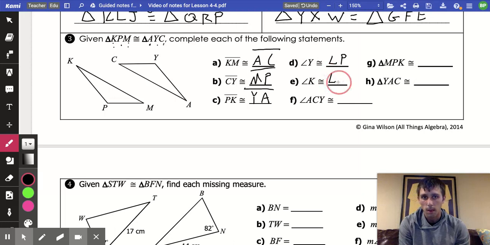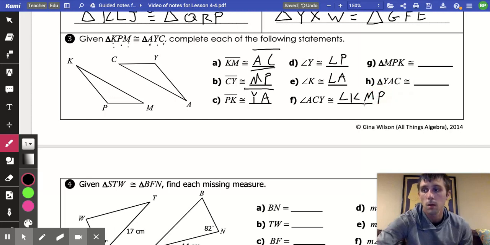Angle A. Now we have angle ACY, so it's going to be angle what? ACY is first, third, second, so it's going to be angle K first, third, M, middle, P. Okay?